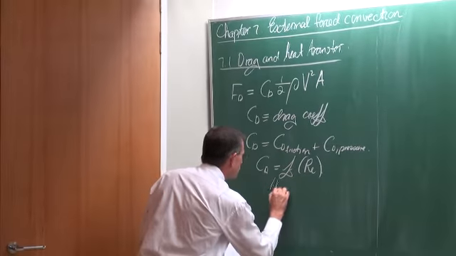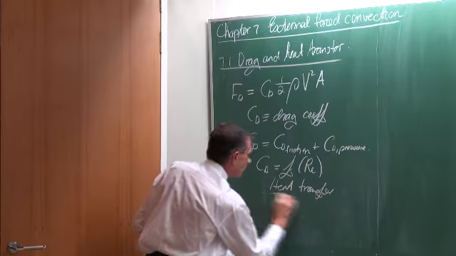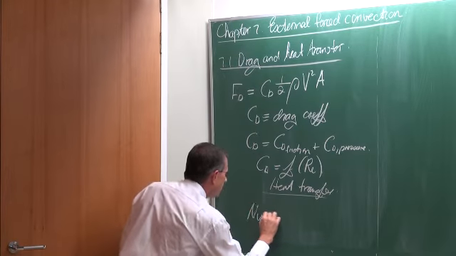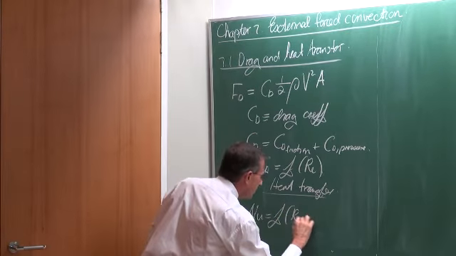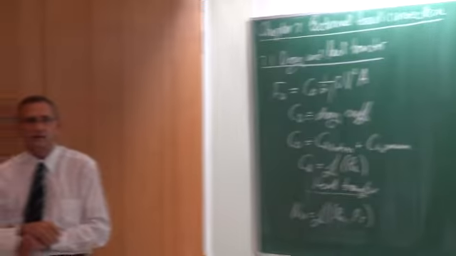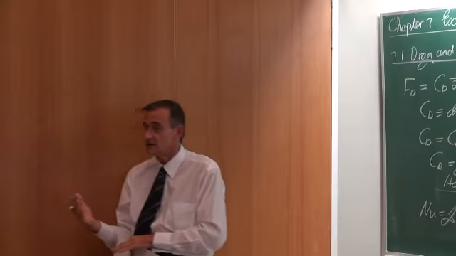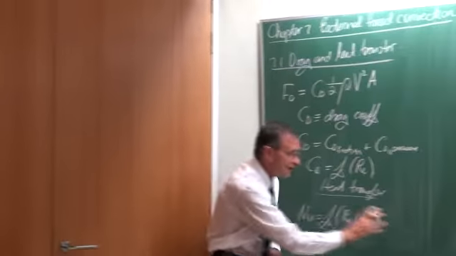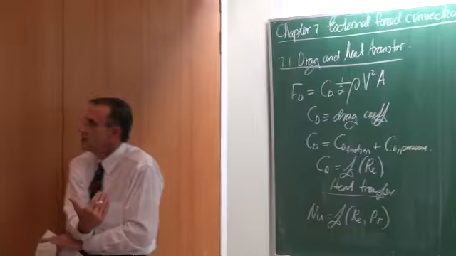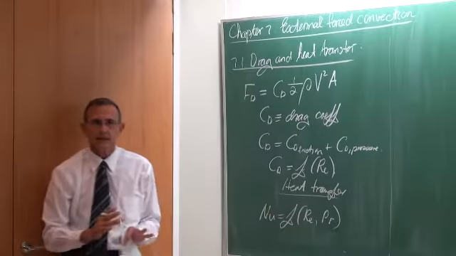So in heat transfer, we have the Nusselt number, and now it's a function of the Reynolds number and the Prandtl number. Okay. If there is no natural convection or buoyancy effects, if that is the case, then we still have another number, which is the Grashof number, which also needs to be taken into consideration, and that we will do in Chapter 9. Okay. Now, this is for average data.